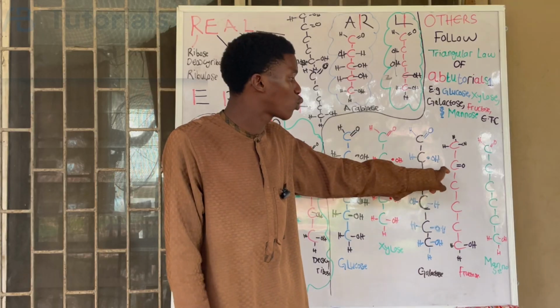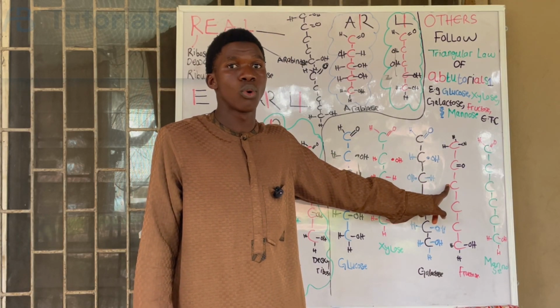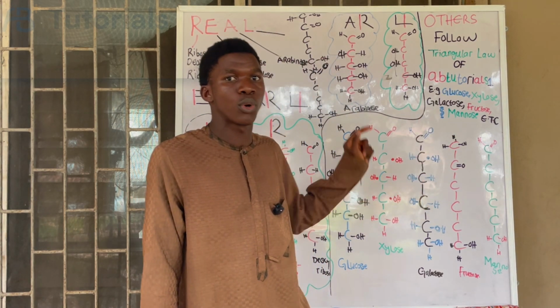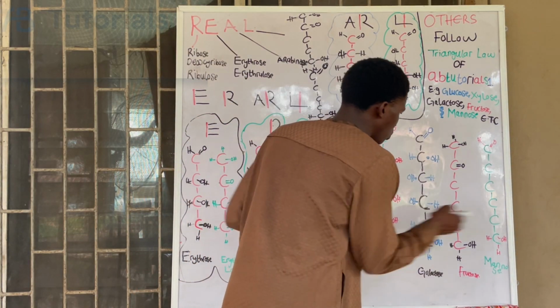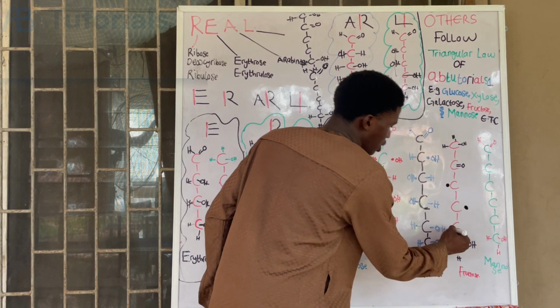It means that we have to come down to this third carbon and start forming our triangle. But because we've come down to another carbon, we will not start the triangle from the right. We are going to start from the left. So let us form our triangle. This is the triangle.